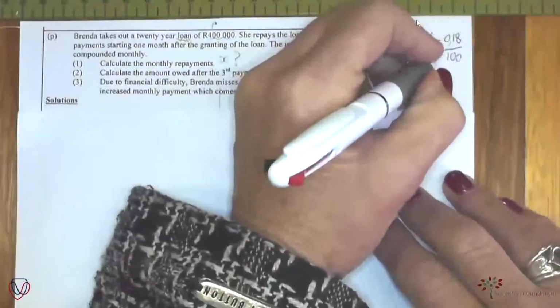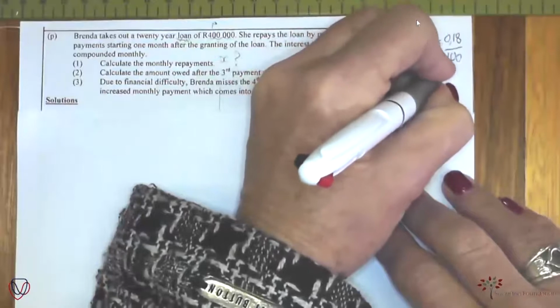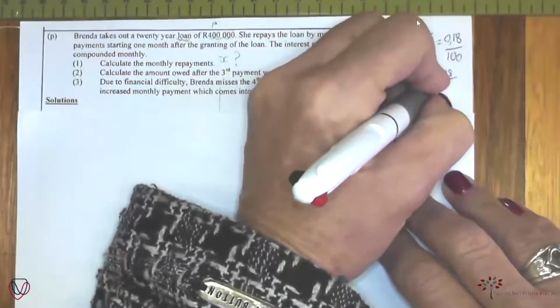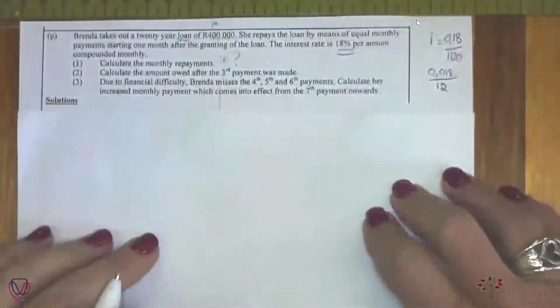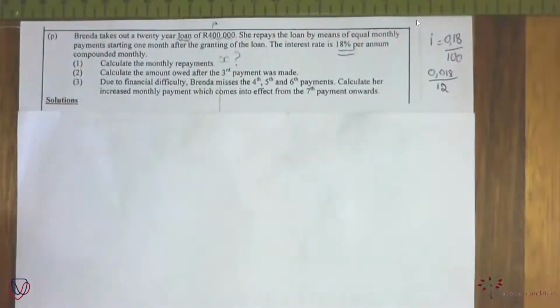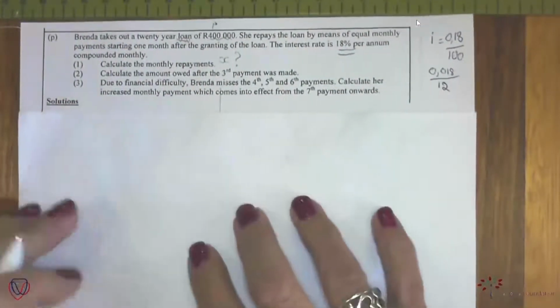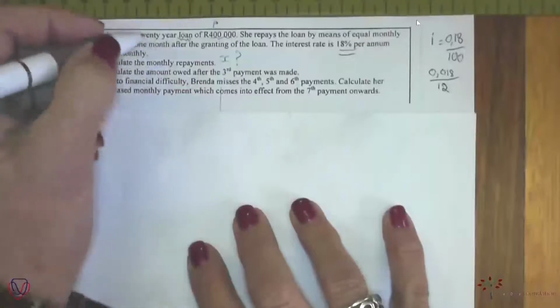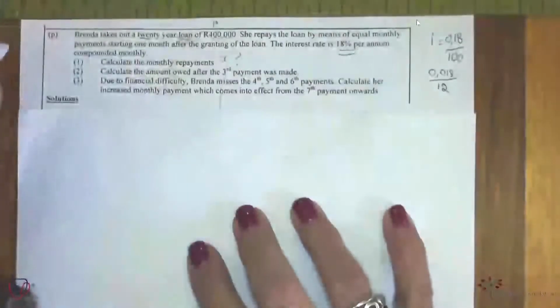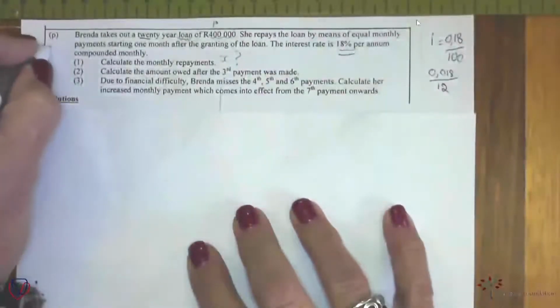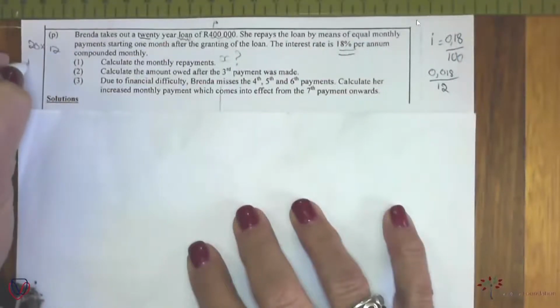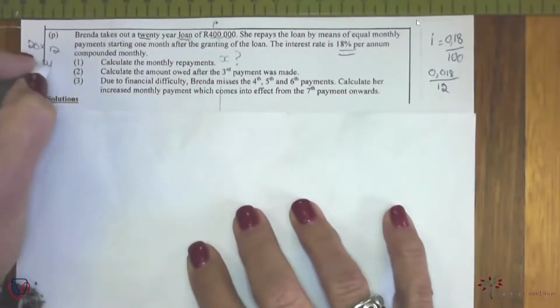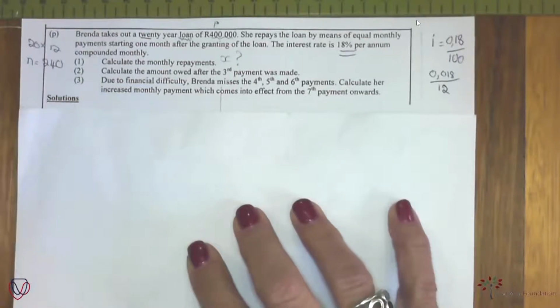So you take that answer, 0,18, and you divide it by 12. Where do I multiply by 12? At the end. How many years? 20 years. So 20 times 12 is n, and that is 240. Have you got it?